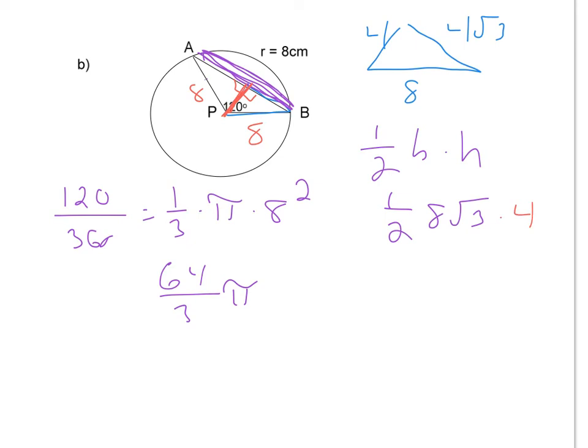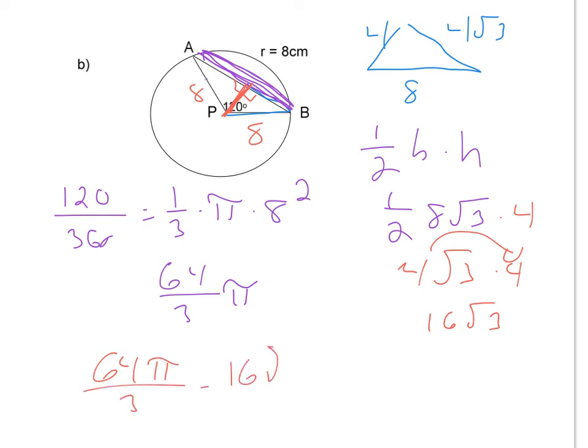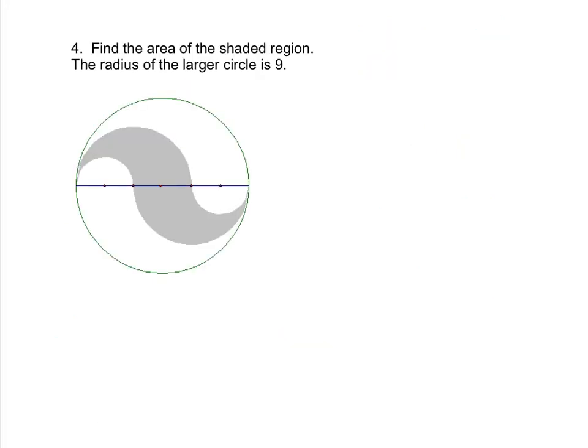Well, 1/2 of 8 is 4, so that's 4 root 3 times 4. 4 times 4 is 16 root 3. That's the area of my triangle. So it looks like I have 64 pi over 3 minus 16 root 3. And without a calculator, that's just some yucky decimals, but keep your answer right like that. And there's my answer.